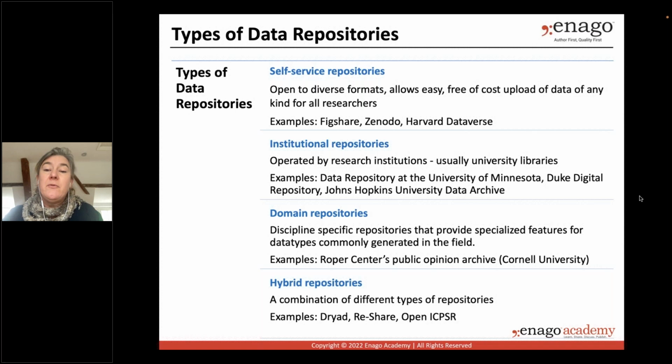And again, I've got a few examples there of specific ones, and they're usually used by the researchers from that institution. Domain repositories specialize in particular subject areas or file types, and they can often be much more closely associated with specific funders, and also they can often charge for ingesting particular data.